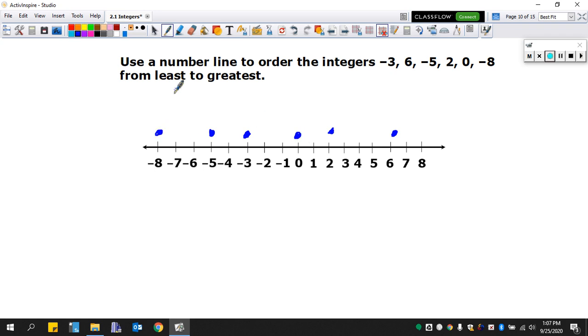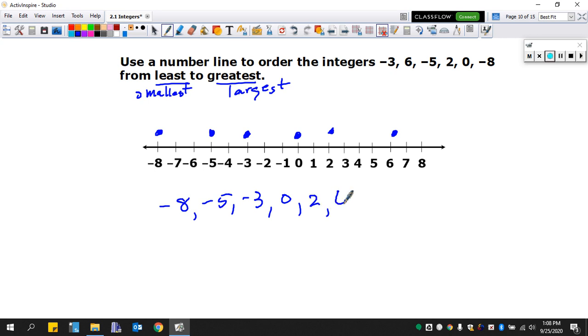It says from least to greatest. That means the smallest to largest, so we start with the smallest one, all the way on the left. So that would be negative 8, then negative 5, then negative 3, then 0, then 2, and finally 6.